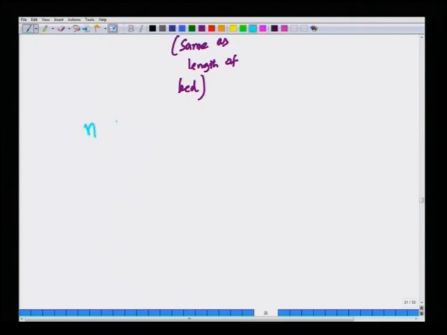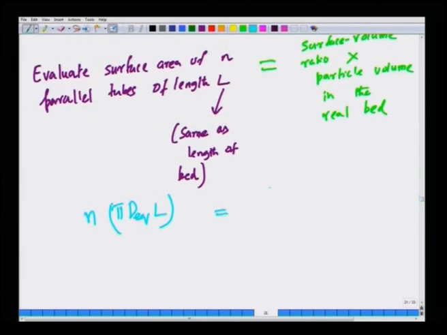The number of tubes times pi DEQ times L, this is the surface area of a single tube through which fluid is flowing, times n, the number of tubes, is equal to the surface to volume ratio of a non-spherical particle, 6 by phi s dp, times the particle volume in the bed.